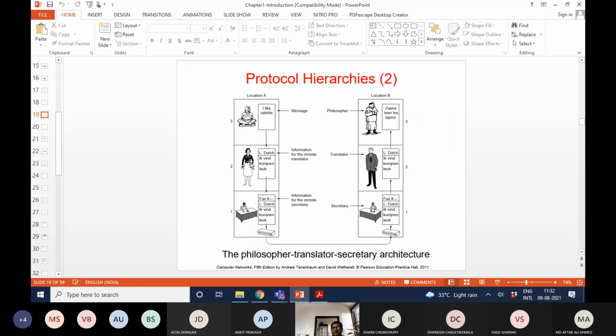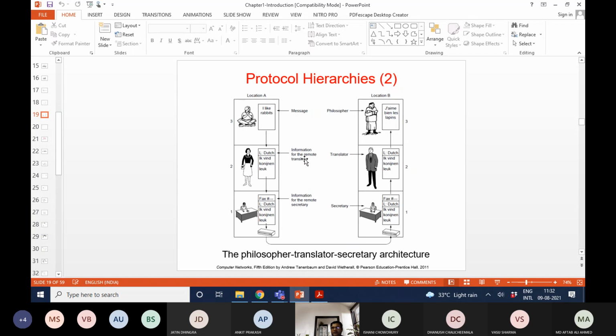But this person can only transmit in the Dutch language, so there is a translator working here. This translator converts the message to the Dutch language.